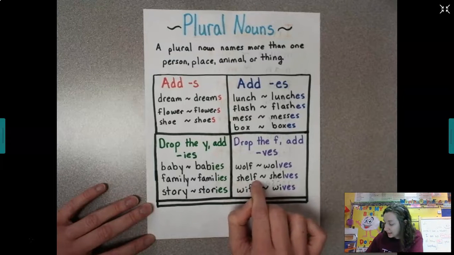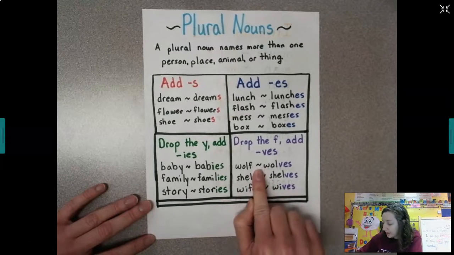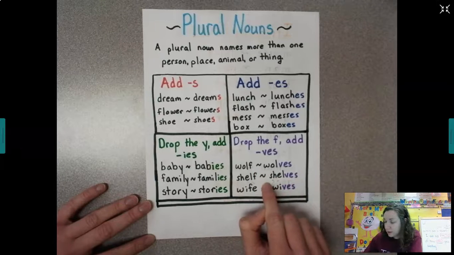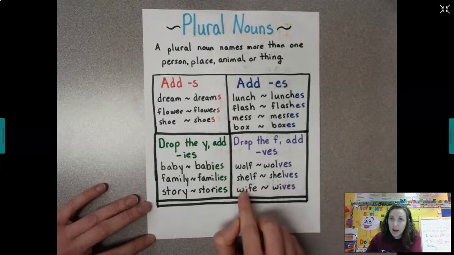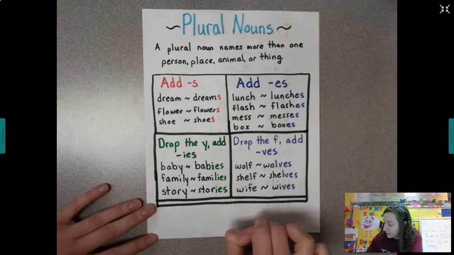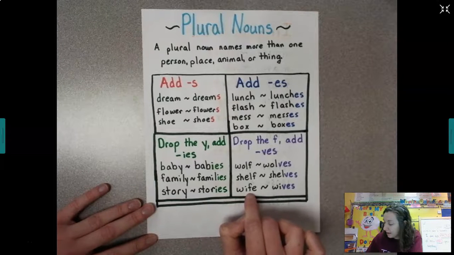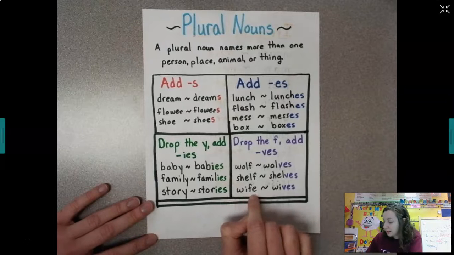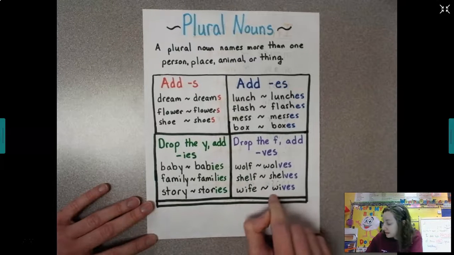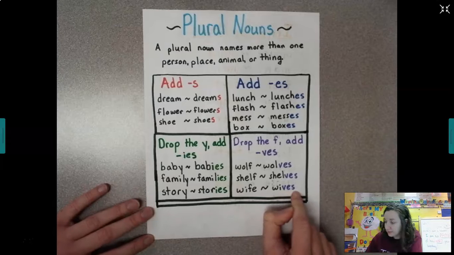As you can see, it has this F here, so we're going to drop that F like that and add VES to make shelves. Okay, and last example is wife. This F is tricky because it's not on the end like wolf or shelf, but it does become a V to become wives.